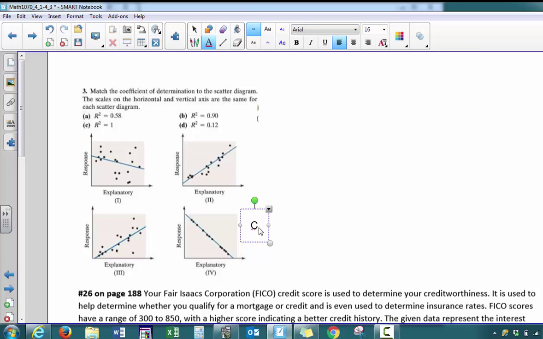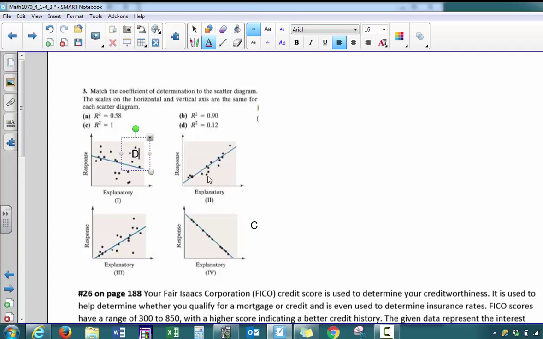The next easy one, you want to look at the graph and see what graph has the points scattered completely all over. So that should have the smallest R-squared value. So D should match up with graph number 1. Now we're left with graph 2 and graph 3.